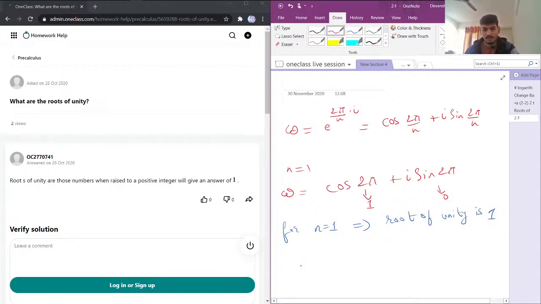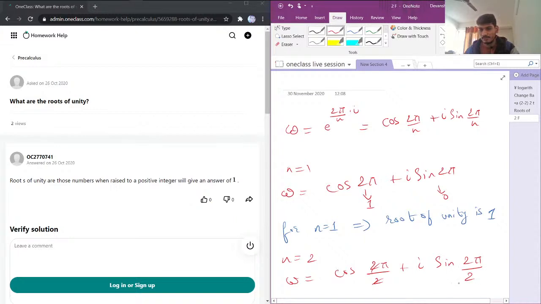Same way, for n equals to 2, I can write omega will be equal to cosine of 2 pi by 2 plus I times sine of 2 pi by 2.